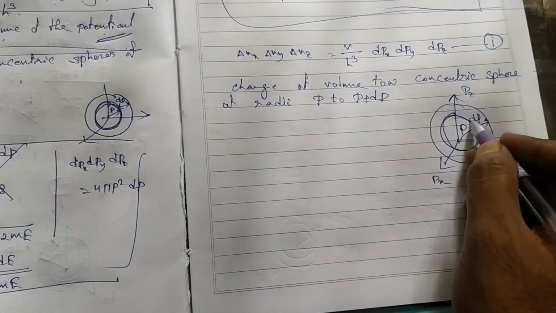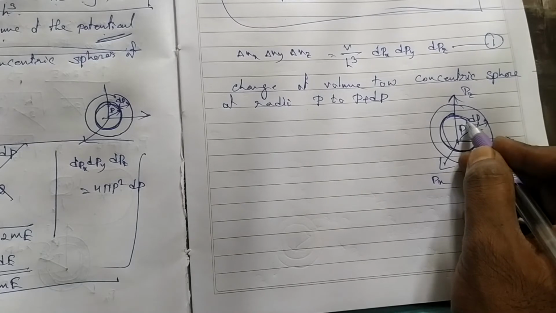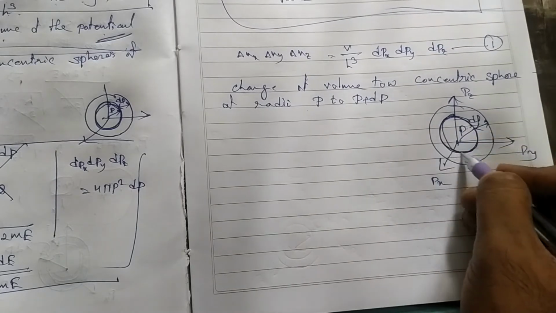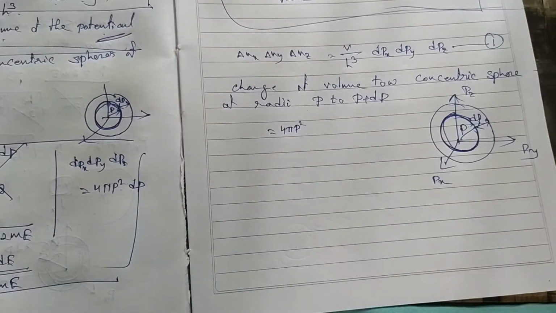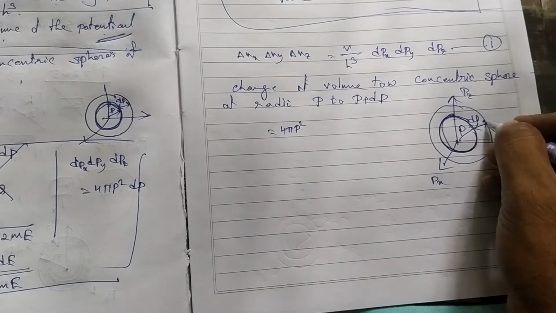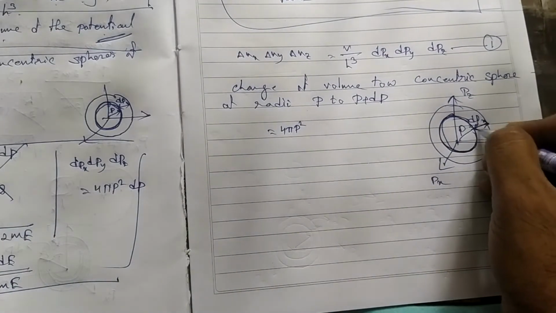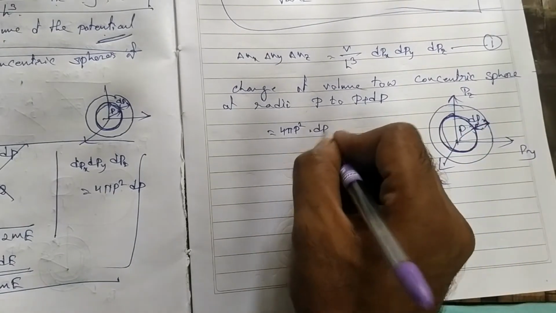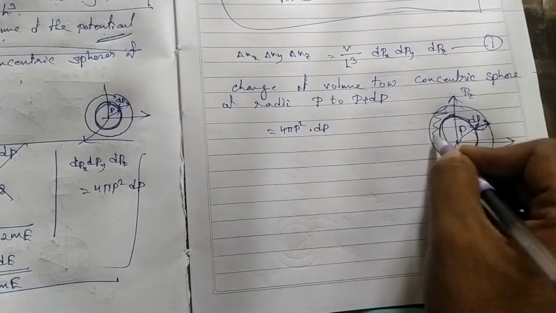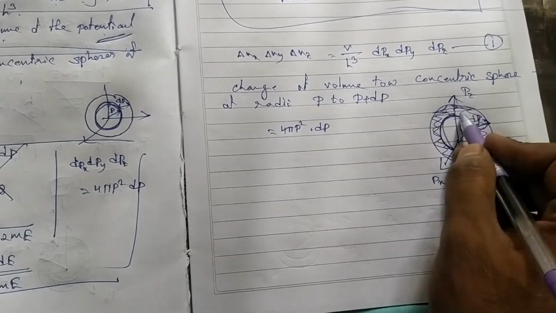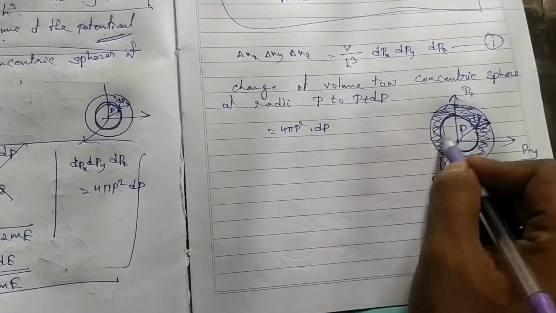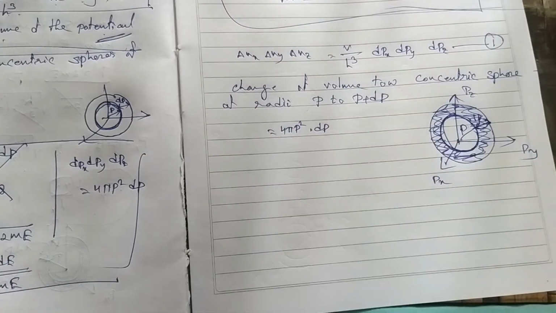The surface area of this sphere is 4 pi p square, and the change in dimension along the radius is dp. So this expression gives the volume of the changing portion, 4 pi p square dp. Clear?